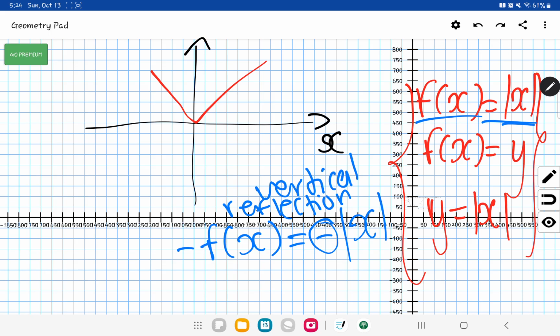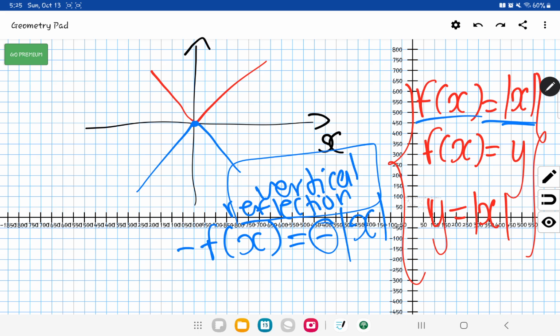So you go to the x-axis, you see this is our graph, and I'm going to do a reflection about the x-axis. So the x-axis is my mirror. If we were to do a reflection, it would look like this. So this is a vertical reflection about the x-axis.